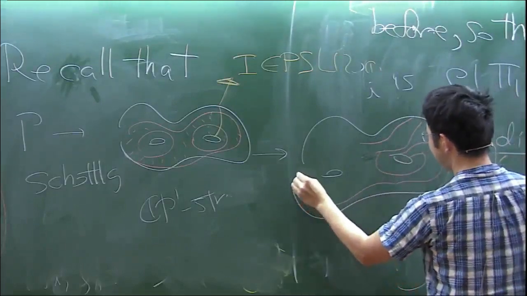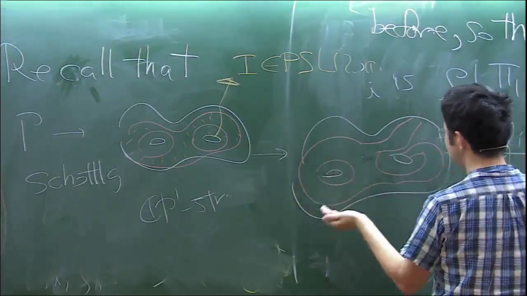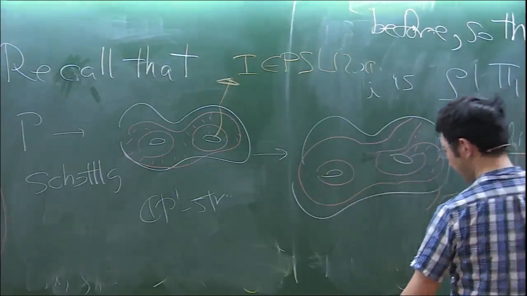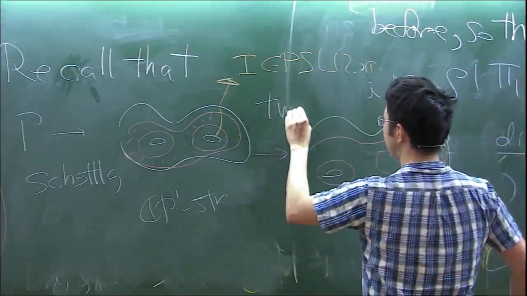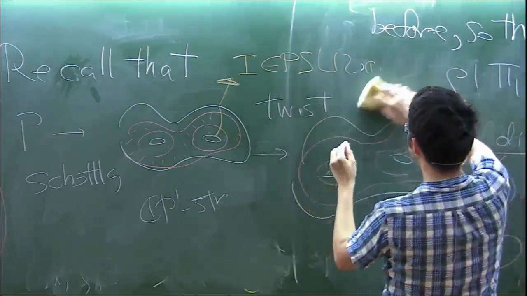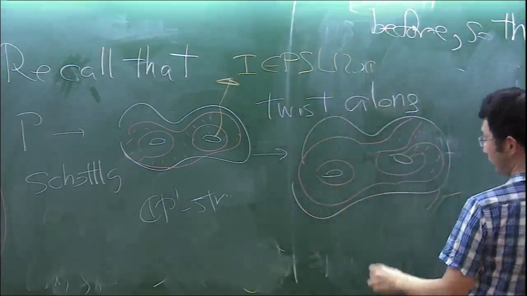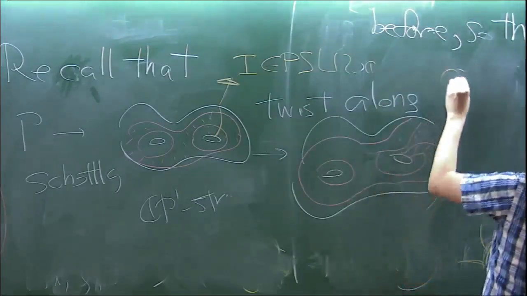Anything means it changes the CP1 structure, but it doesn't change the holonomy representation. This orange loop.